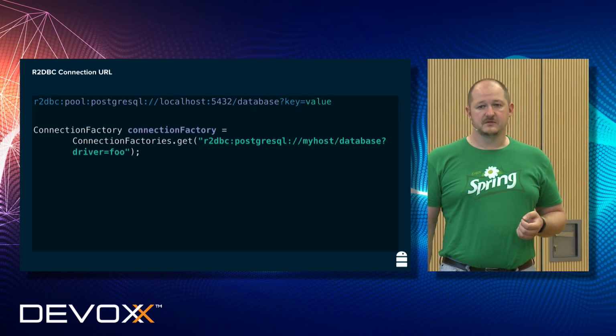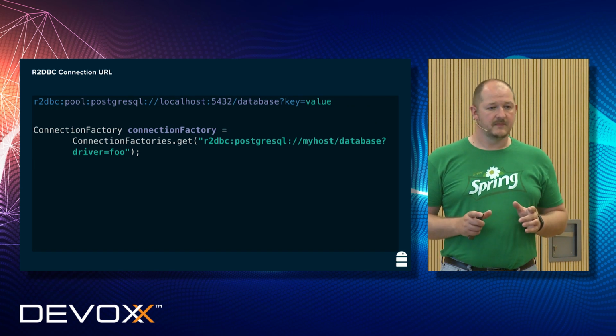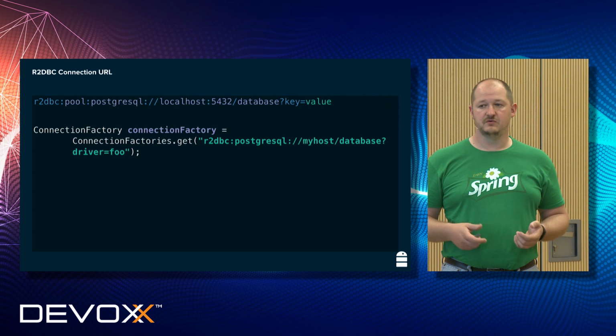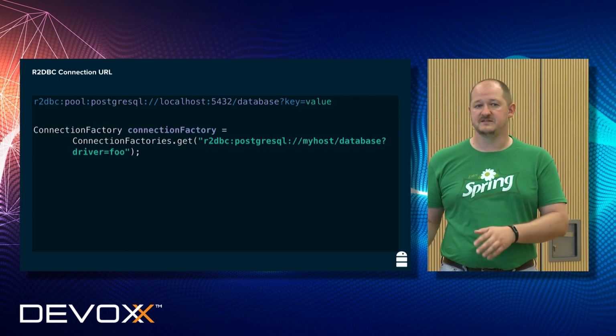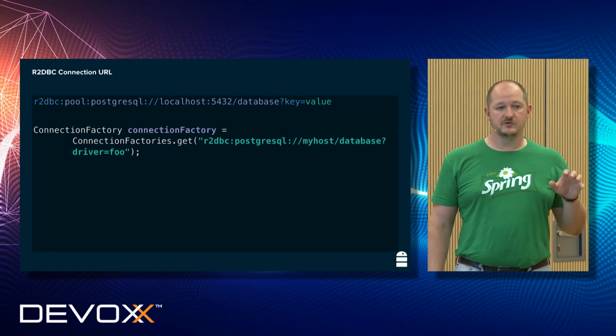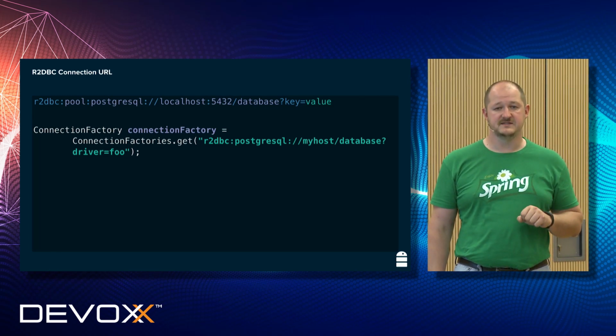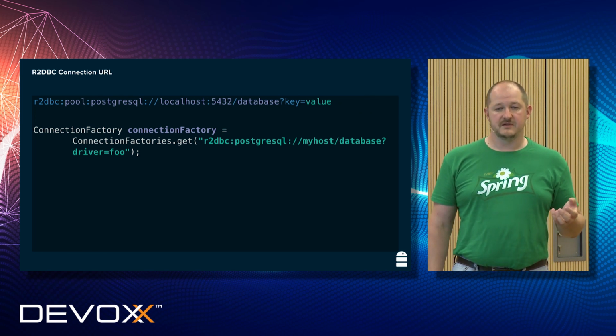We make it better by standardizing that format and taking off that burden so that not every driver developer has to implement URL parsing on their own. Because if they would implement URL parsing on their own, they would again start doing fancy things, and this is something we want to prevent. We want to standardize that format. We want to do that parsing in R2DBC itself, and then give that configuration object to somebody, actually the driver, that is then able to give you a connection factory out of that.